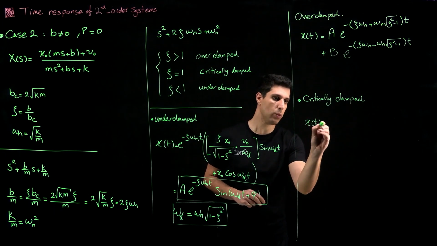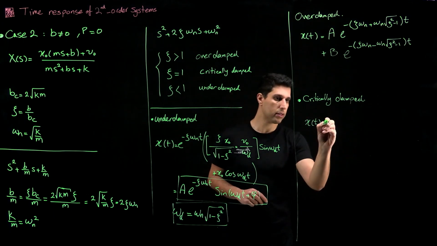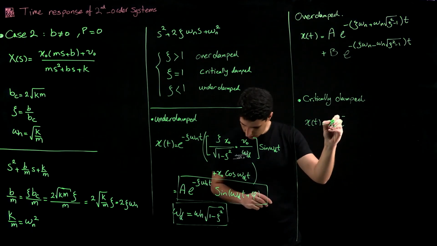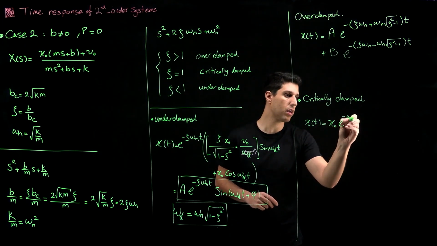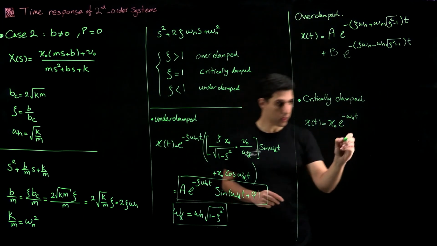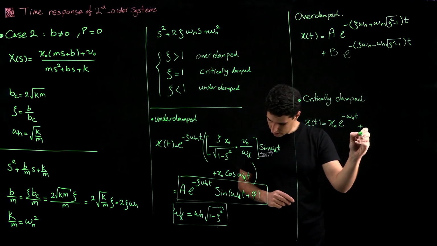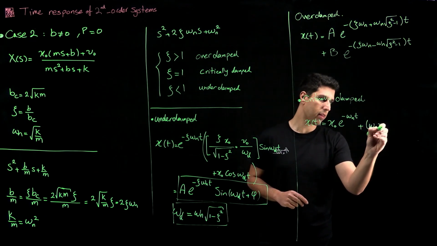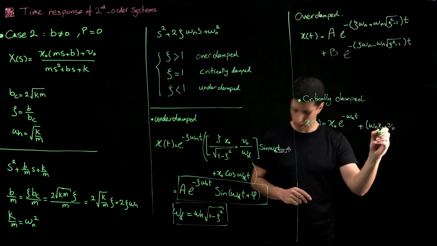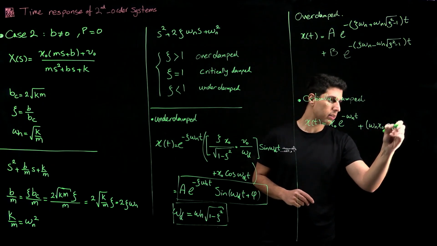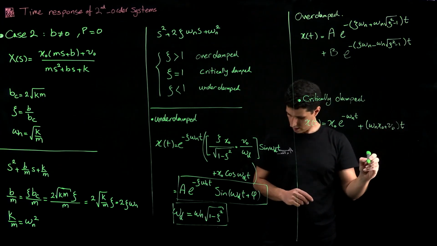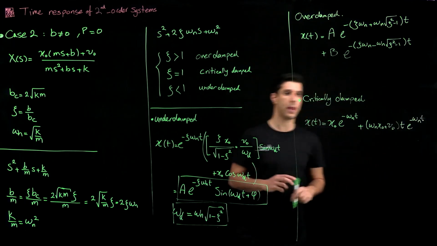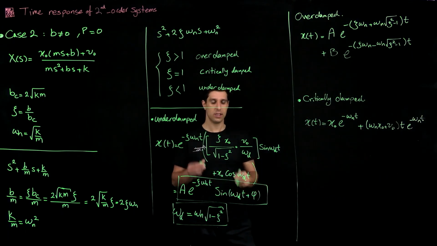X of t will be x naught e to the minus omega n t plus omega n x naught plus v naught t e to the minus omega n t. All right, and this is critically damped.